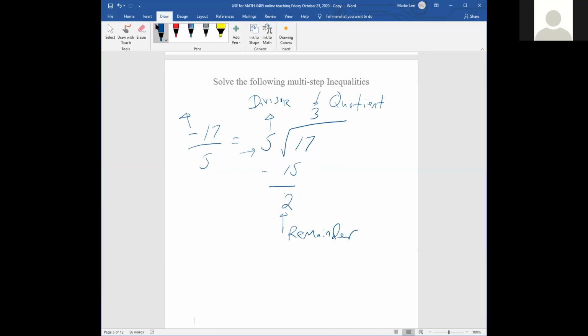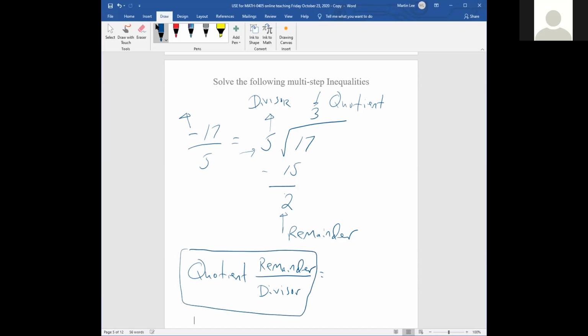So for any mixed number, it's always the quotient, that's your whole number. And for your fraction, the numerator is going to be your remainder, and your denominator is the divisor.